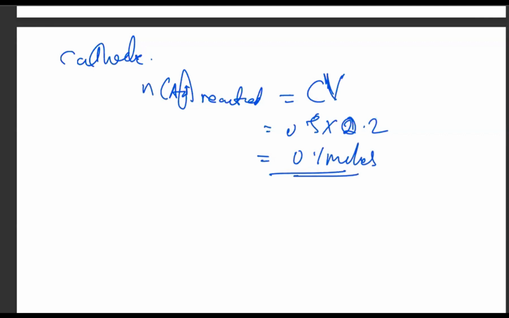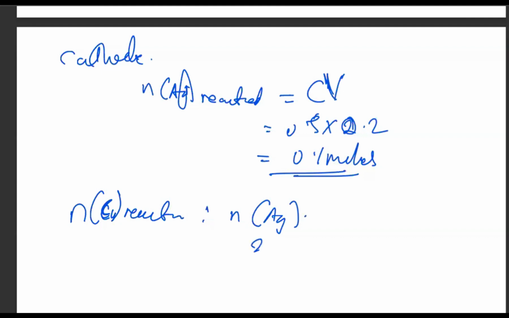Once I get that, I continue, and then I say that the number of moles of copper reacted, because now I know at least. So you can use mole ratio, so that I'm able to know the number of moles of copper reacted versus the number of moles of silver. Remember, silver requires 2 moles, while copper requires 1 mole for this reaction.